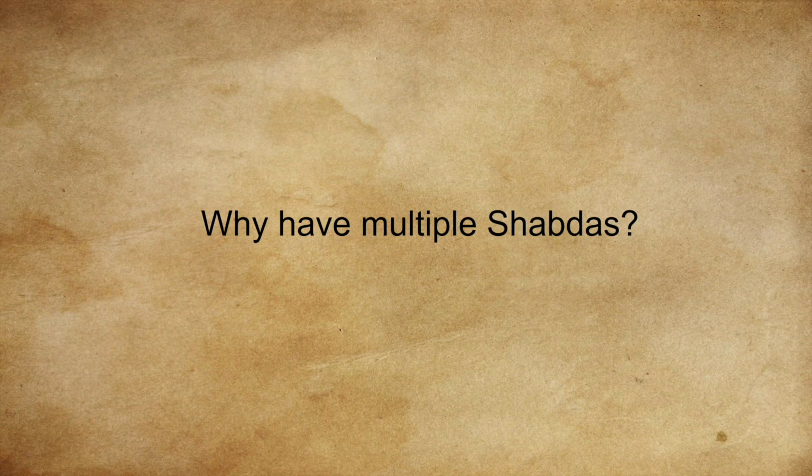Okay. So now the question is, why have multiple Shabdams? Why not have a single table? Why have Rama Shabdam, Hari Shabdam, Nadi Shabdam, and so on? Why not just have the same kind of variations for any noun, like in English? In English, whether we are going to the beach or the cinema or the park or the movies, it's the same. To the beach, to the cinema, to the park, to the movies. But that is the unique characteristic of a language.